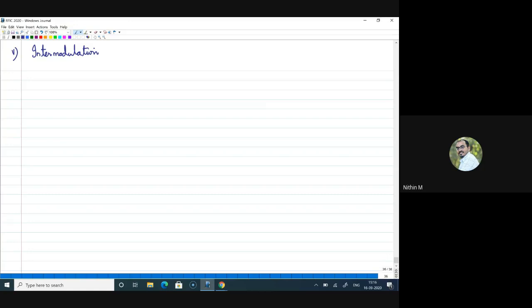Now, to understand intermodulation, we are taking one case here. I'll consider two signals, so I'll write it like this.